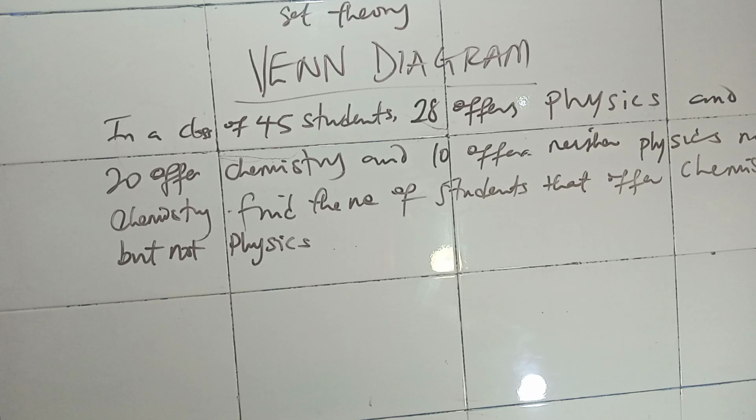Find the number of students that offer chemistry but not physics. So let's just follow it. It's very simple. I want to solve it now.